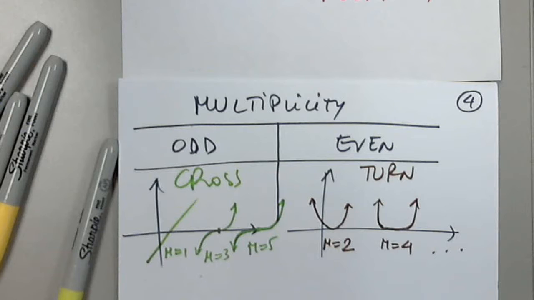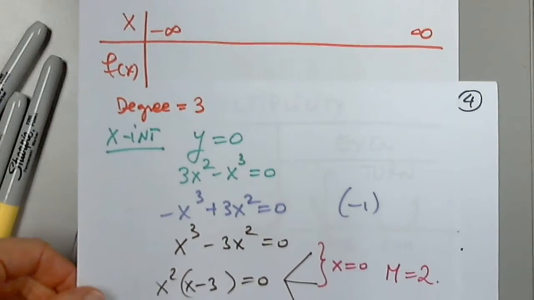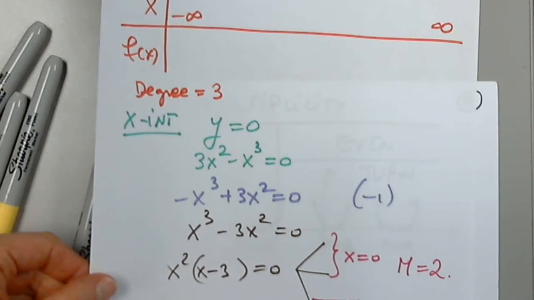If an x-intercept appears an even number of times, that's not going to be a cross of the x-axis, but it's going to be a turn. If it appears twice, it's this kind of turn. If it appears 4 times, it's a slow turn. If it appears 6 times, it's a much slower turn. Still one intercept there, but much slower. It takes its time.